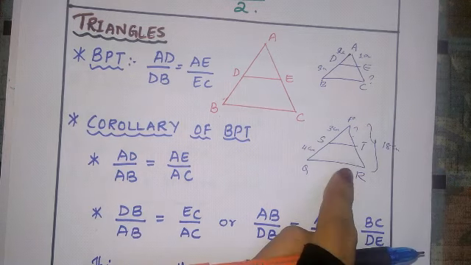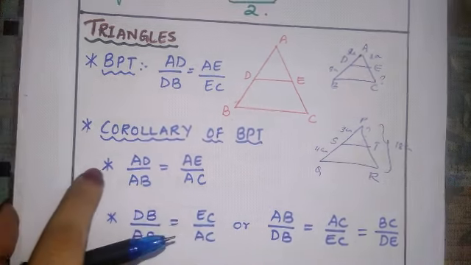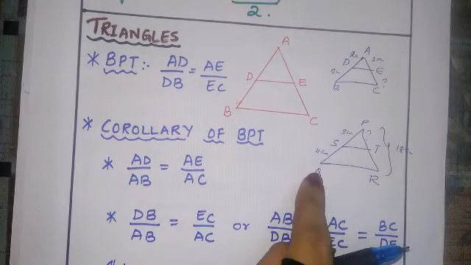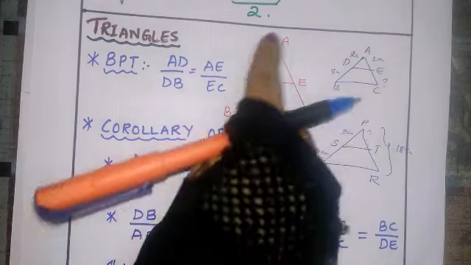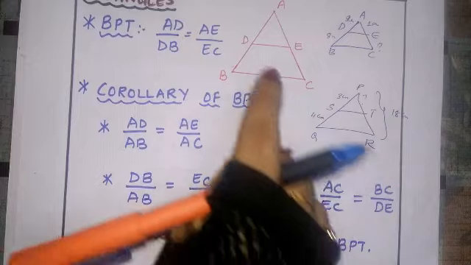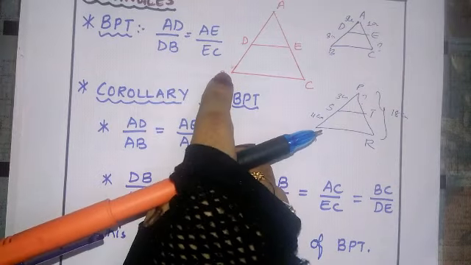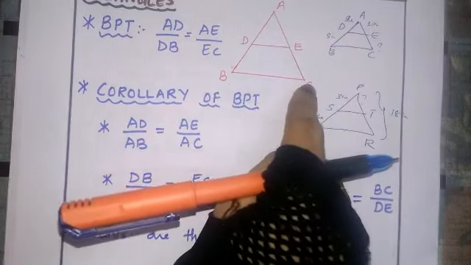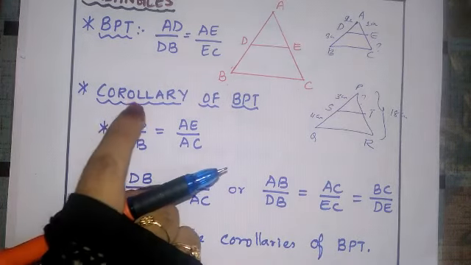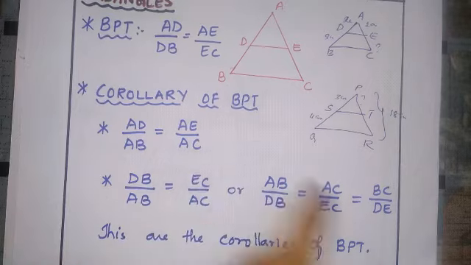Find PT. At this time you can apply the corollaries, that is upper half by full part, AD/AB = AE/AC, or else you can take DB/AB = EC/AC. Like that we can find by using the corollaries of BPT.